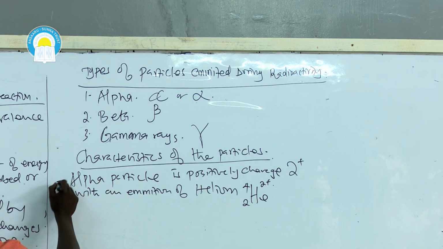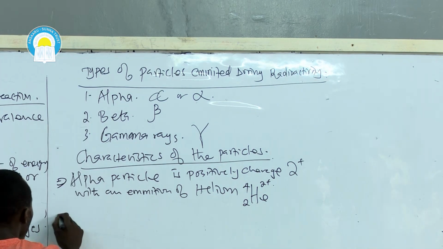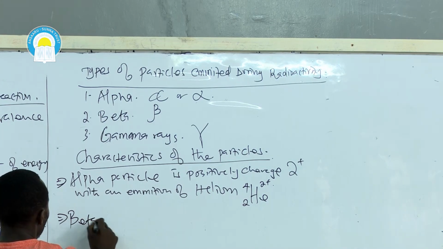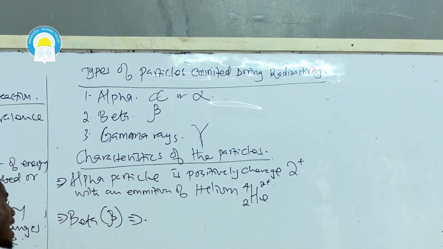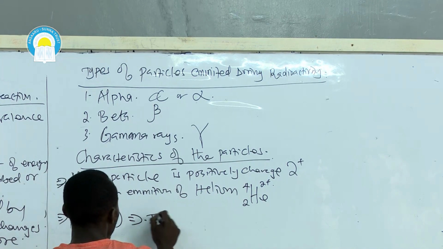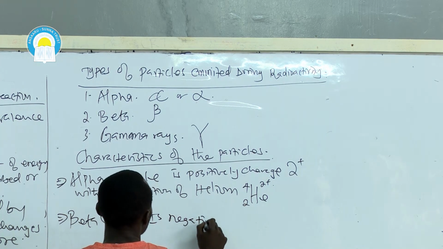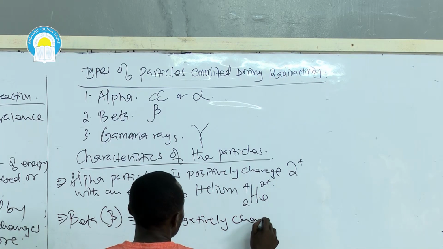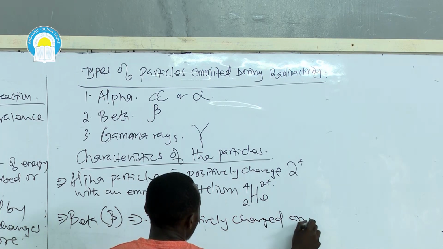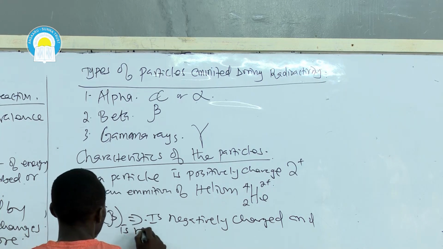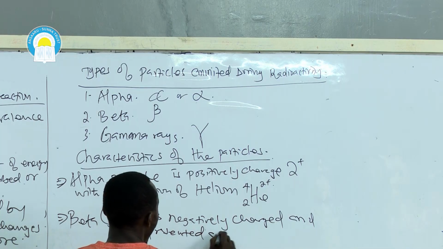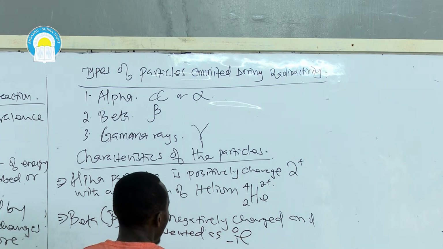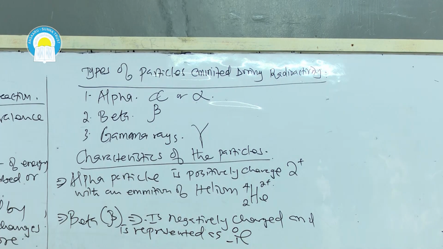Then we have the beta particle. Beta particles are negatively charged, and is represented as an electron of 0 and -1. That's the representation of a beta particle.